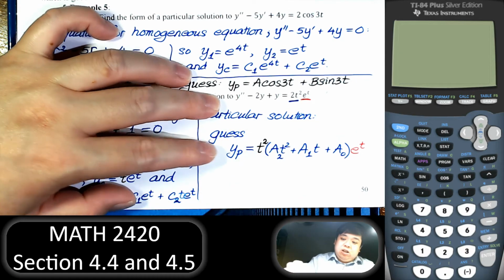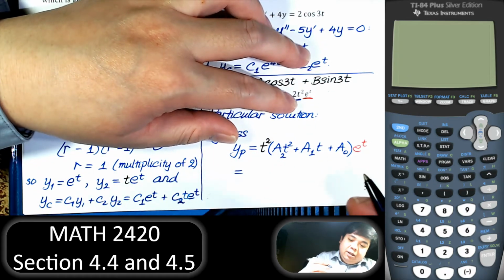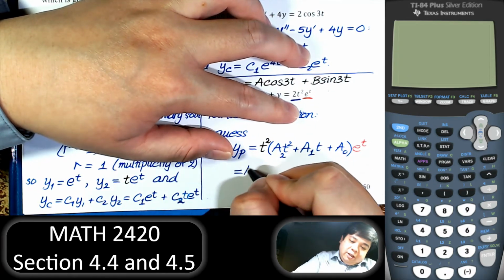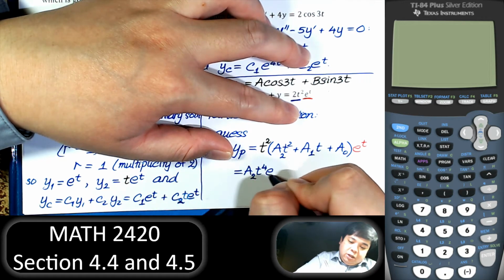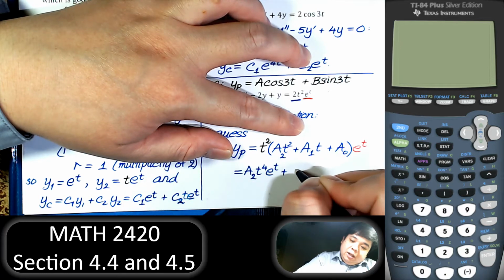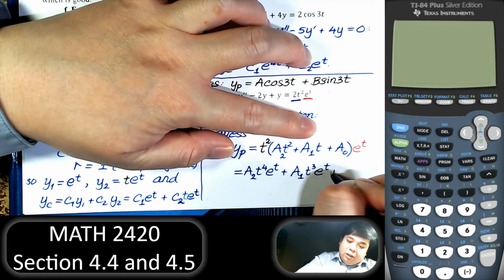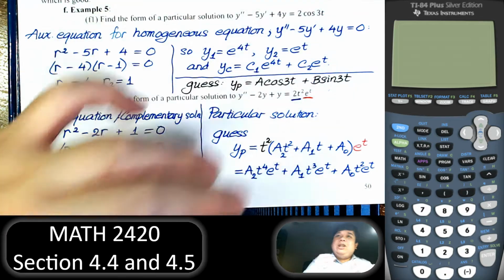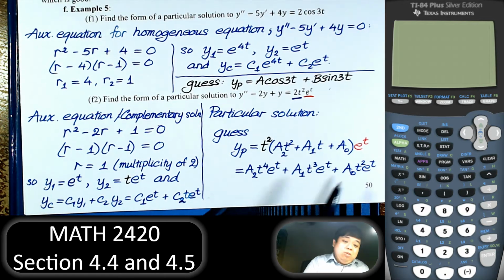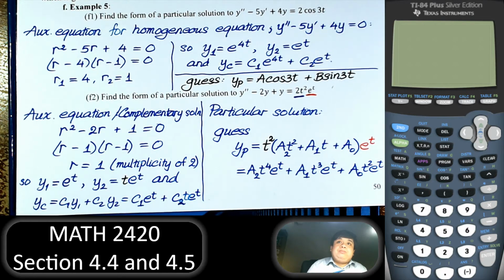Because when we multiply by t squared, let's just multiply this out. We have a2 t to the 4th e to the t, a1 t cubed e to the t, and a0 t squared e to the t. You see, when we multiply them out, this should be linearly independent of that, and it is the case, right?